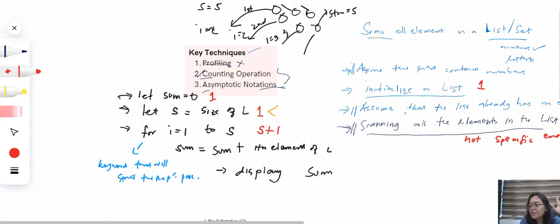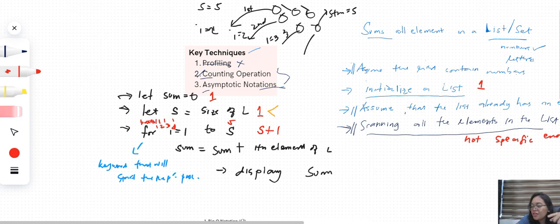Okay? So, for example, S is 5, you start at 1, so that is process 1. Process 2, so that's 1, 2 processes. Process 3, and then 4, another process there.